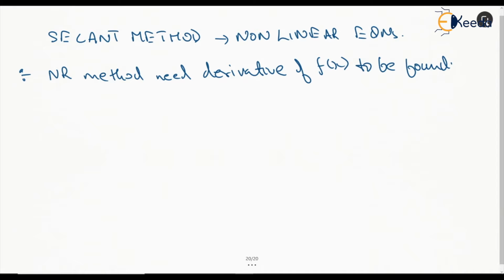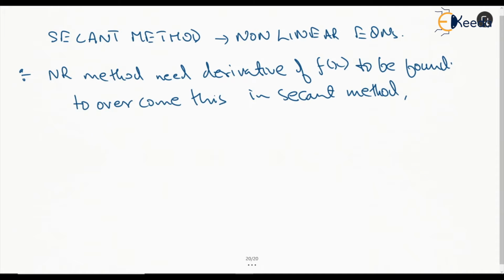So to overcome this drawback, in the second method we approximate the derivative so that we can avoid this tedious work of finding the derivative.